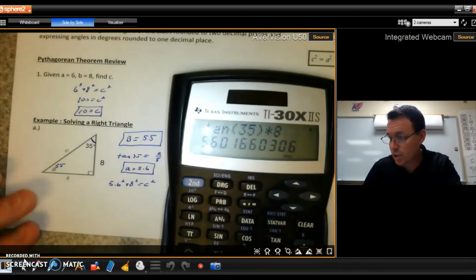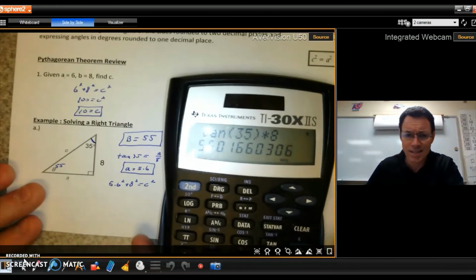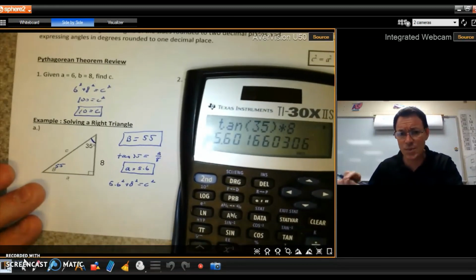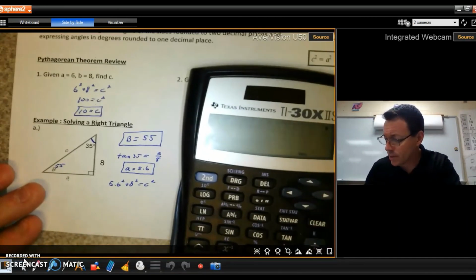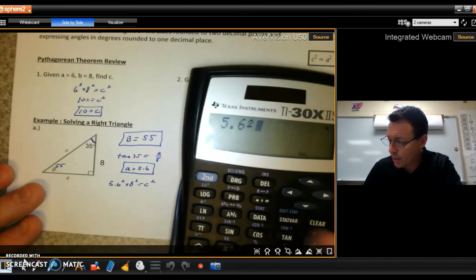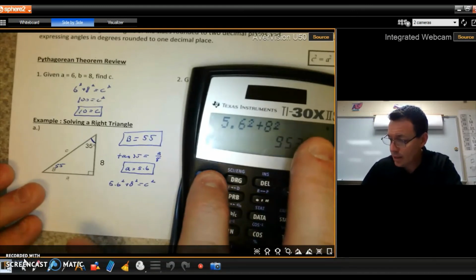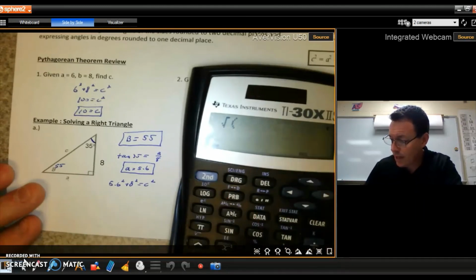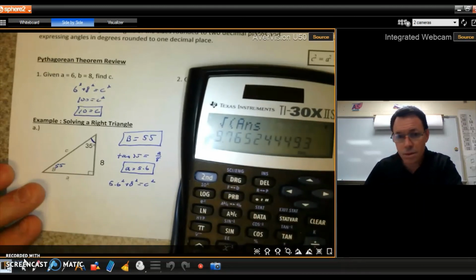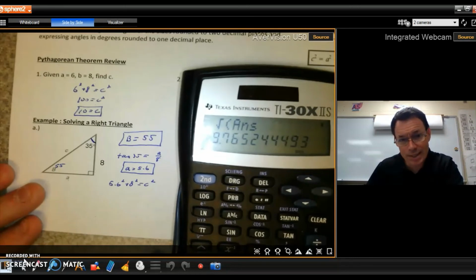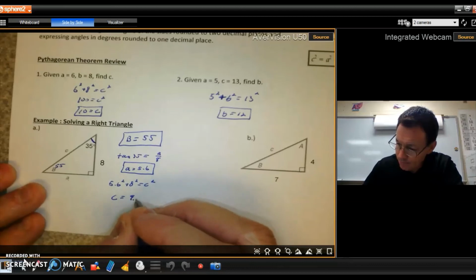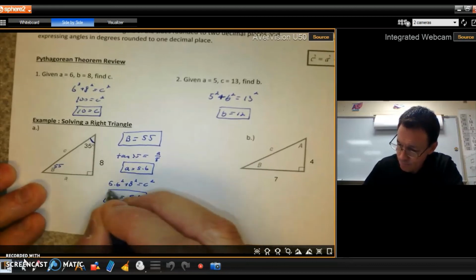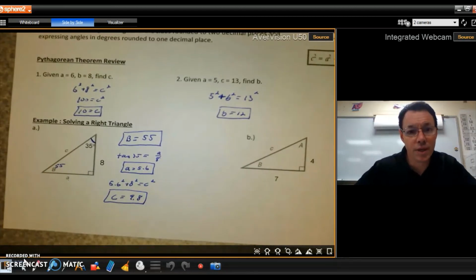If you want to go ahead and use the Pythagorean theorem here, and actually that answer was 5.601, so chopping those off isn't probably going to make a big difference. So if you want to do 5.6 squared plus 8 squared equals, and then take the square root of that answer, you're going to get, I guess we're going to have to call that 9.8, and that's our C. Okay, and we just solved the right triangle.